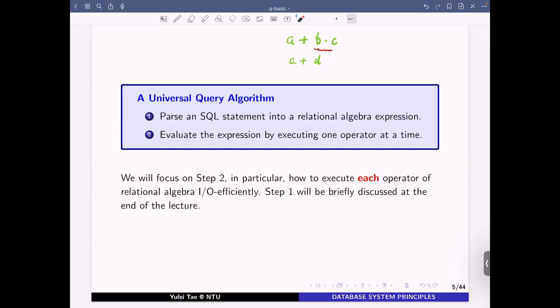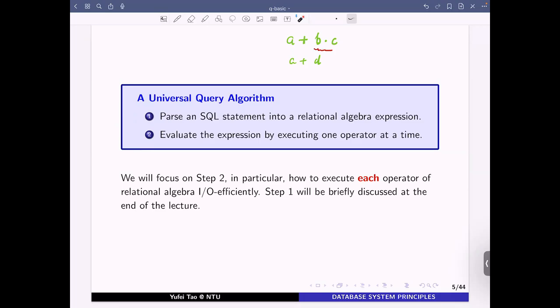When you have something like a SQL statement, there is a standard algorithm that you can use to convert the statement into a relational algebra expression. We will talk a little bit, if we still have time, and I think we will, at the end of today's lecture about step one. However, step two involves a lot of creativity. Step two is not trivial at all.